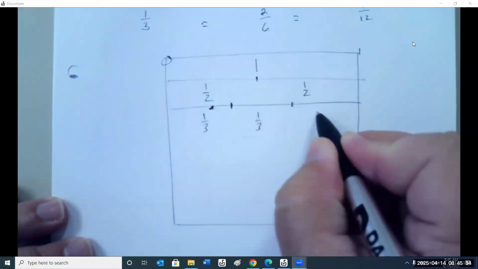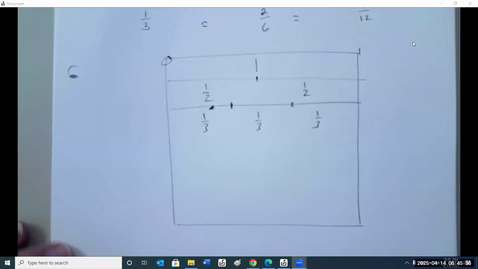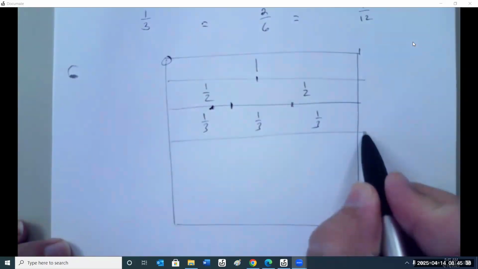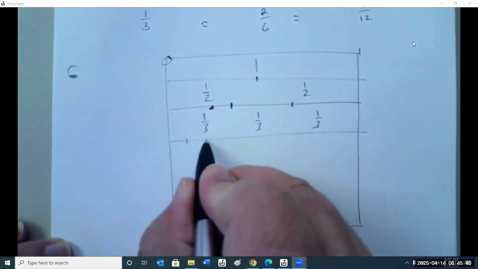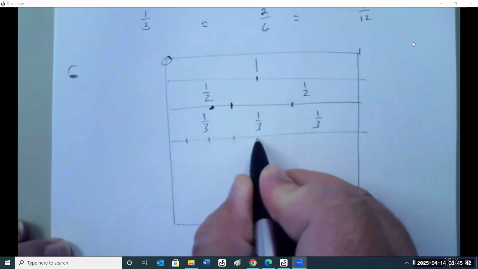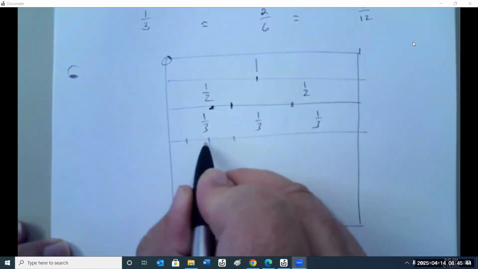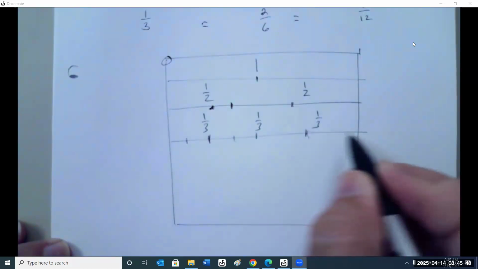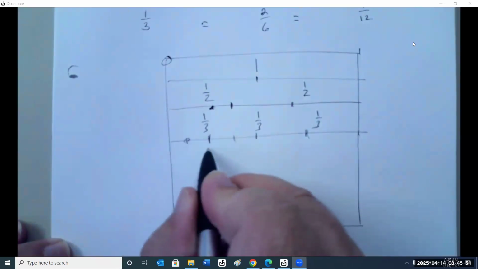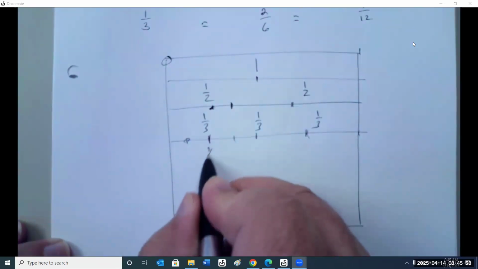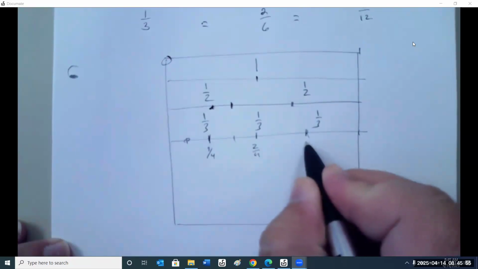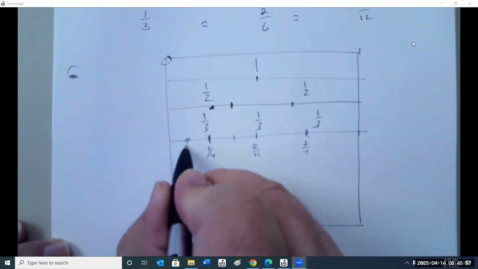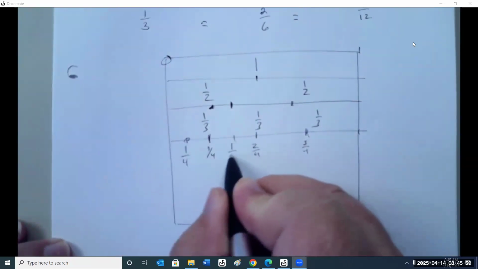This is 1/3. This is 1/3. So from here, this is 1/4, 2/4, 3/4. These are all 1/4 of a unit.